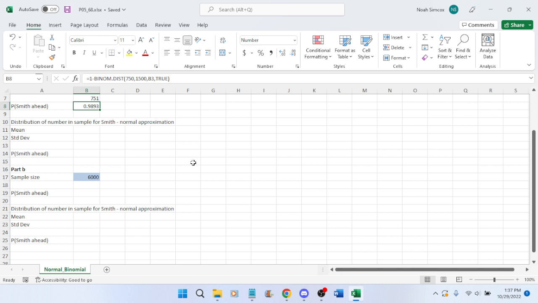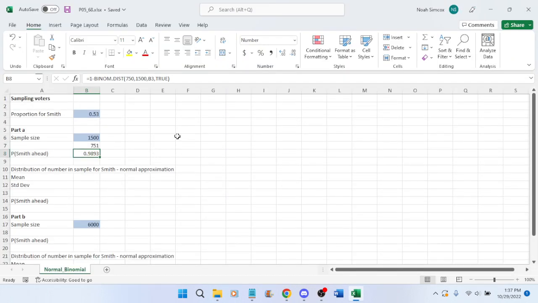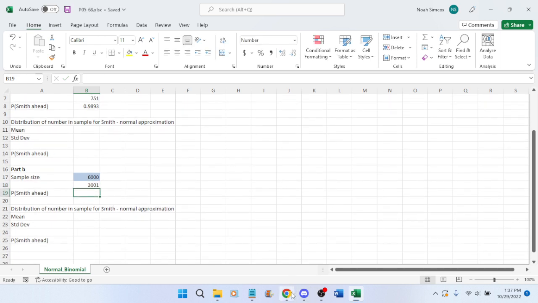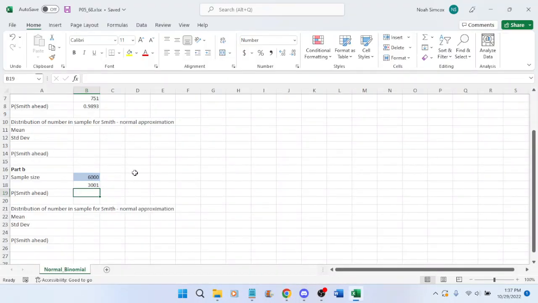That was funny. If you're preferred over a candidate, that means it's over 50%. So we're going to do 3001. We're doing the same type of thing again.